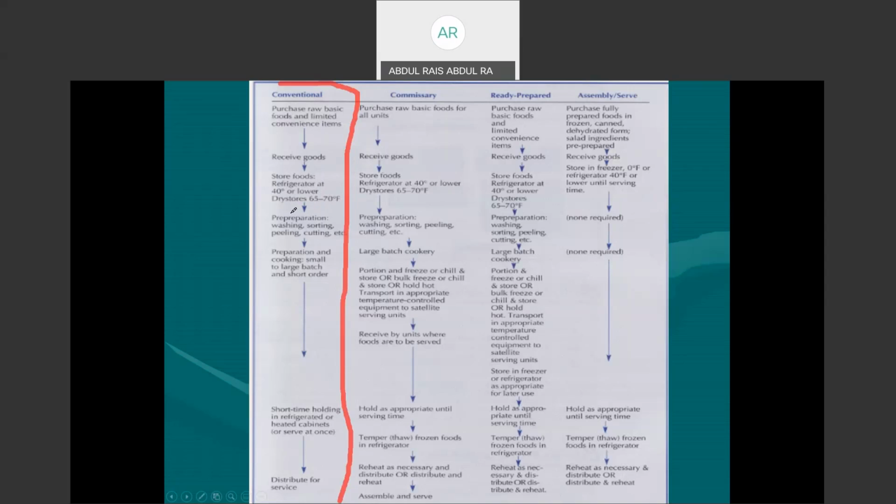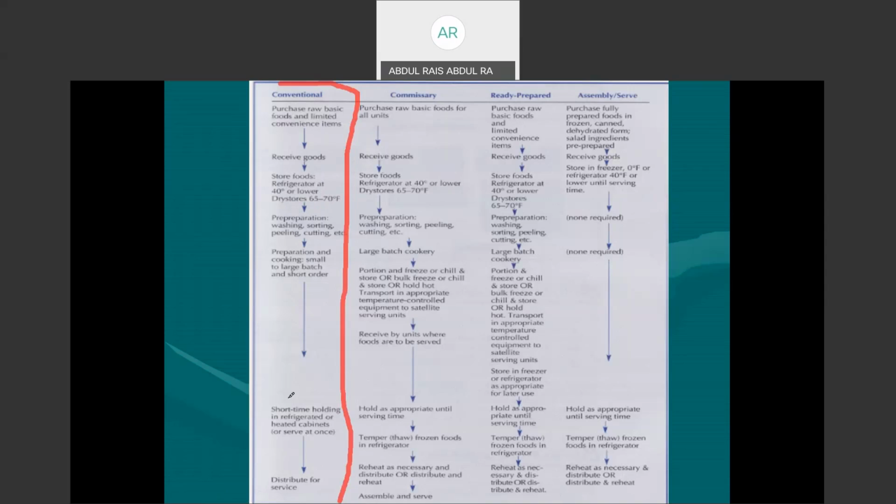During pre-preparation, they will wash, sort, peel, cut, etc. Then they proceed to preparation and cooking, small to large batch, according to the order made by the customer.